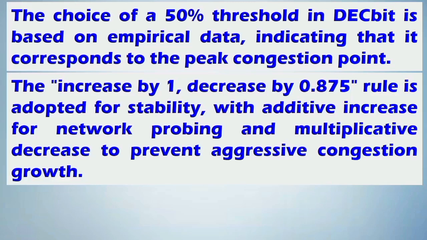This means that if 50% or more packets are marked, the congestion window decreases to 0.875 times its previous value to alleviate congestion. If fewer packets are marked, it increases by 1 for better bandwidth use.